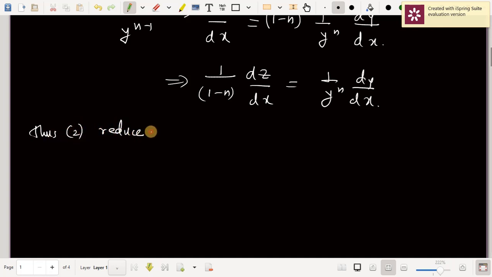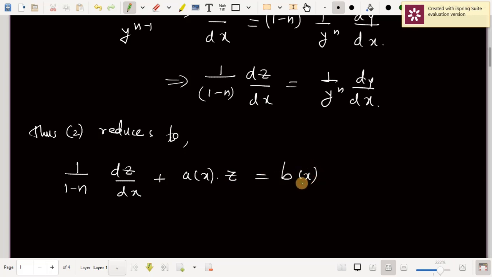Substituting this in equation 2, it reduces to 1 upon 1 minus n, the first term dz by dx, plus a of x into z, equal to b of x. That remains unchanged.